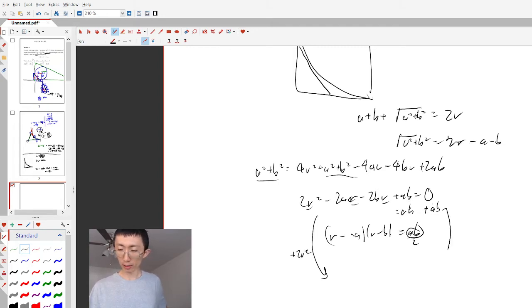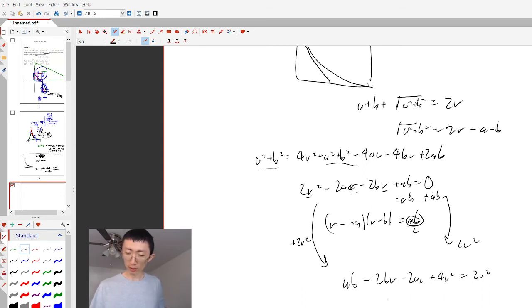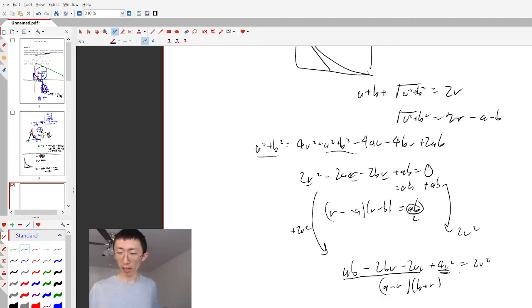So we get AB, if I write it backwards, plus equals 2R squared. And then this just factors as (A minus R)(B minus R). So we're trying to factor these 3 terms, so we have to add an appropriate constant term so that it factors, and that was 2R squared to both sides.